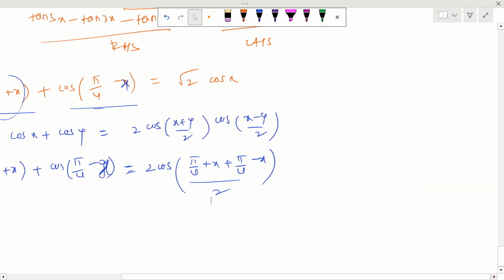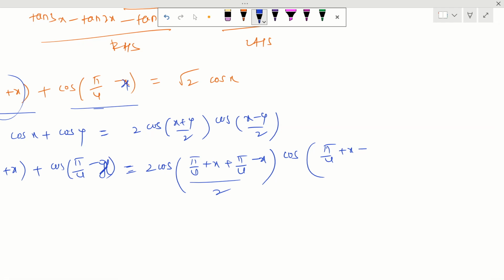Now the second one is cos of x minus y, where x is pi by 4 plus x, minus pi by 4 minus x, and minus into minus gives plus. This is divided by 2.